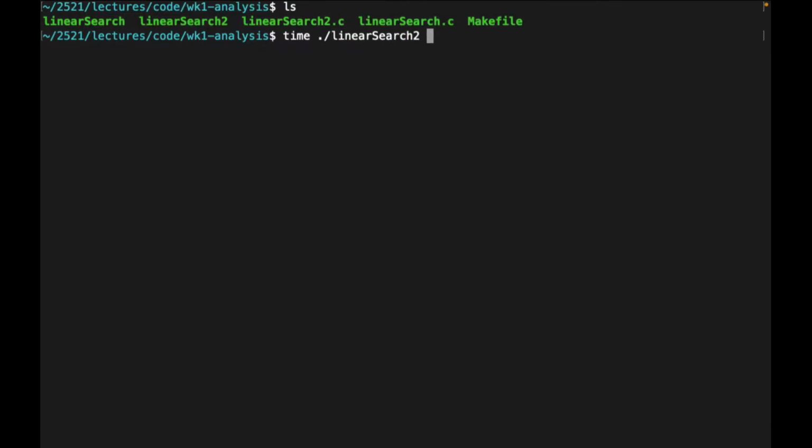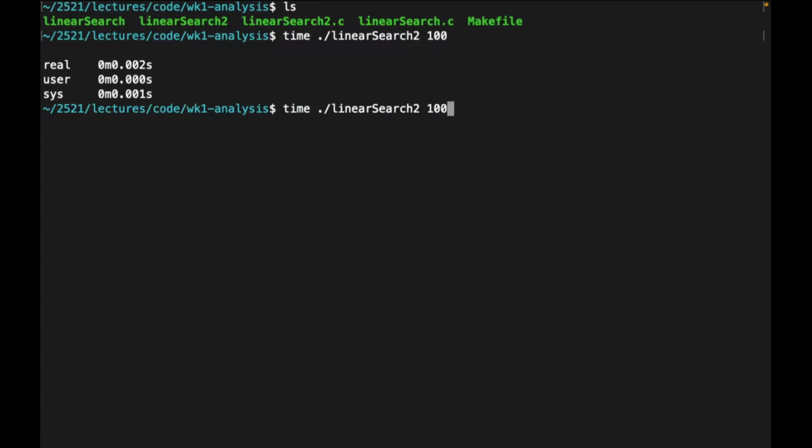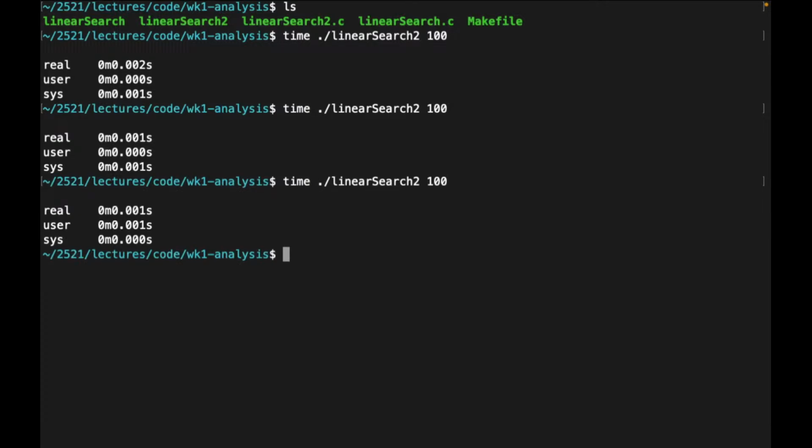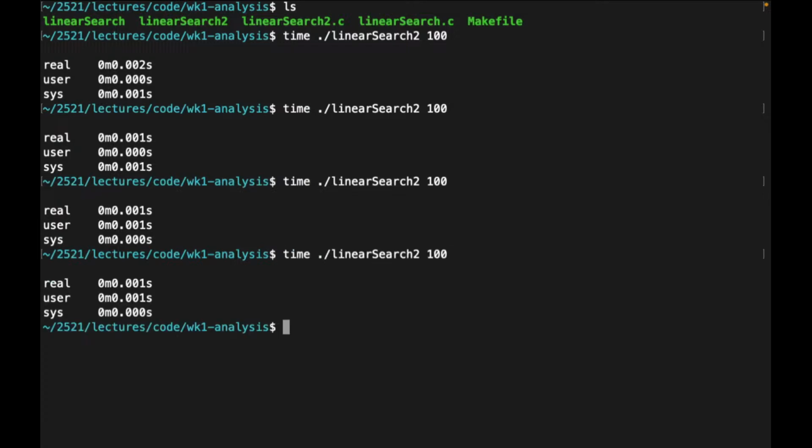And I need to specify the array size. Let's try 100. If we only have an array of size 100, the program's going to finish pretty much instantly, because computers are really fast, and going through an array of 100 items is trivial for a computer.